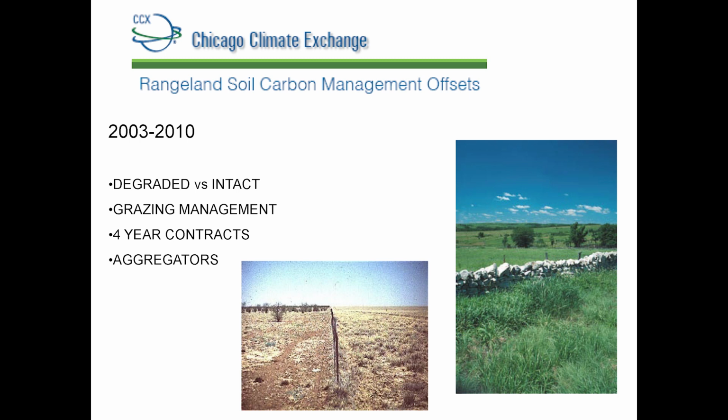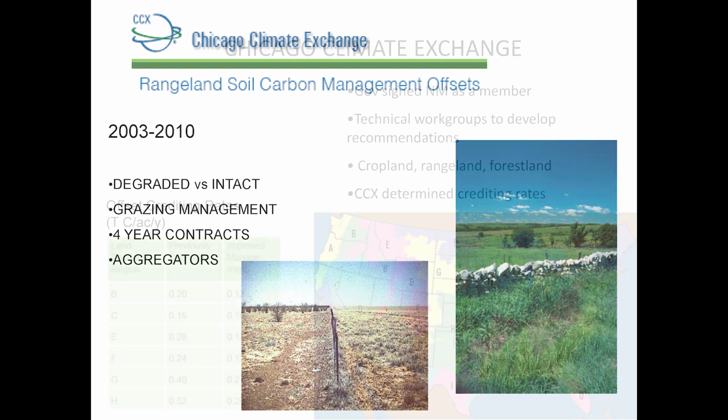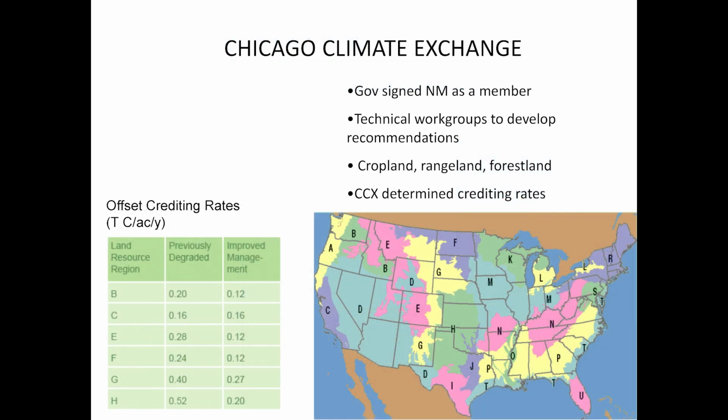We ran the thing using degraded rangeland versus intact rangeland based around grazing management, a series of 4-year contracts, relying heavily on aggregators to actually put projects together to get enough tradable units that they could go to an exchange. They're not interested in 50, 60 tons of carbon per rancher per year. They want millions of tons in these contracts. And we had to solve the problem quickly and cheaply.